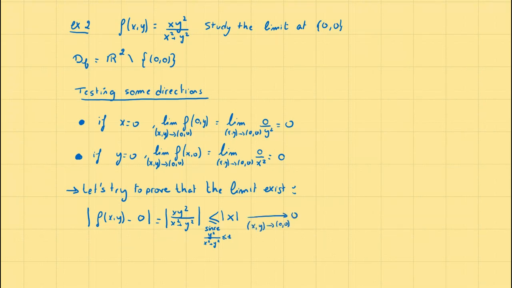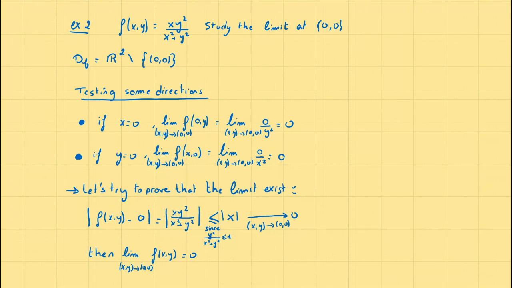So we prove that f of (x,y) minus the limit L is upper bounded by a function that tends to 0. But it's positive because it's in the absolute value. So it's lower bounded by 0, upper bounded by something tending to 0, so it tends to 0. And the limit of f of (x,y) is equal to 0. So our objective is always to find an upper bound of this absolute value by a function that tends to 0.